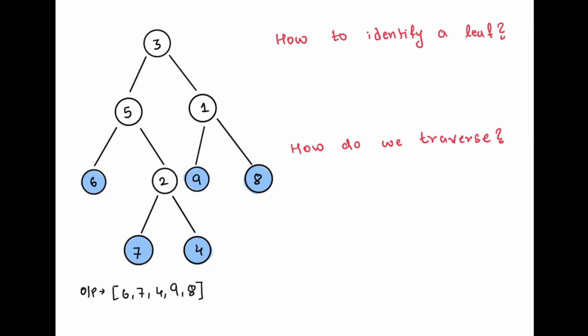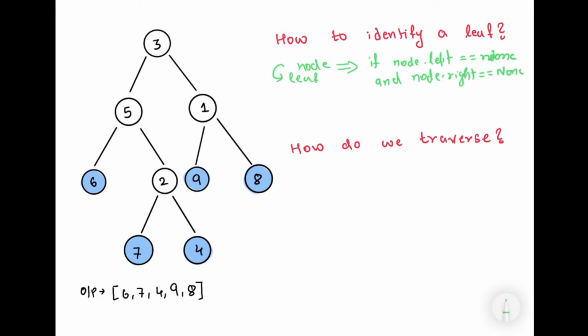So first of all, how do we identify a leaf? If there is a node, the condition for the node to be a leaf will be if node.left equals none, that is there is no left child to the node, and node.right equals none.